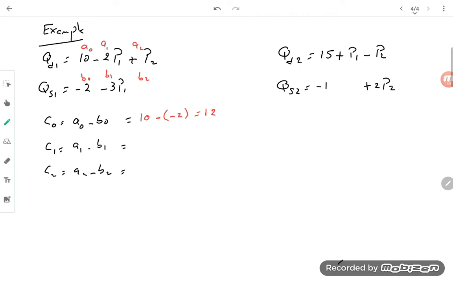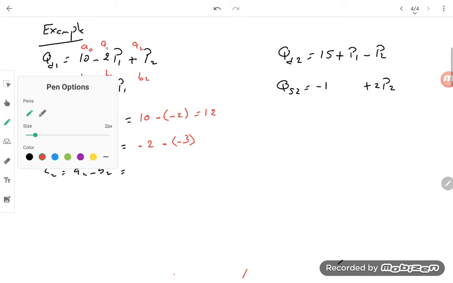With respect to C1, it will be negative 2, which is A1, minus B1, which is positive 3, sorry, here is positive, not negative.